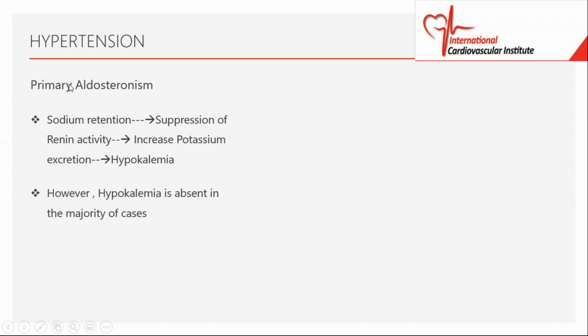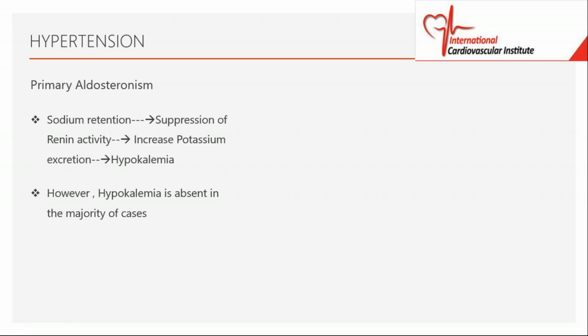So as we said before, these patients have sort of automatic production of aldosterone. And as a result of that, you get sodium retention. The sodium retention causes suppression of the renin activity.